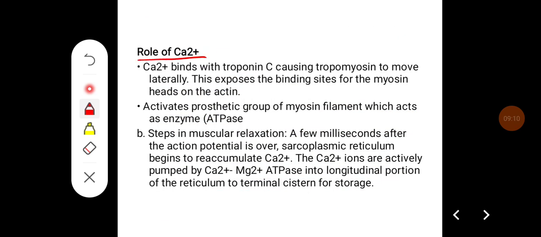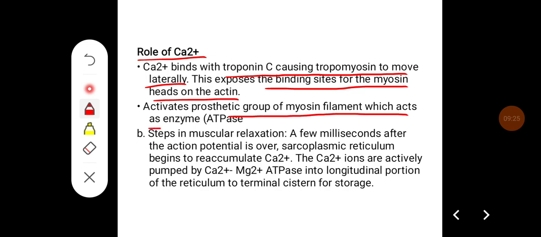Role of calcium. Calcium binds with troponin C, causing tropomyosin to move laterally. This exposes the binding sites for myosin heads on the actin. It activates the prosthetic group of the myosin filament, which acts as an enzyme, myosin ATPase.